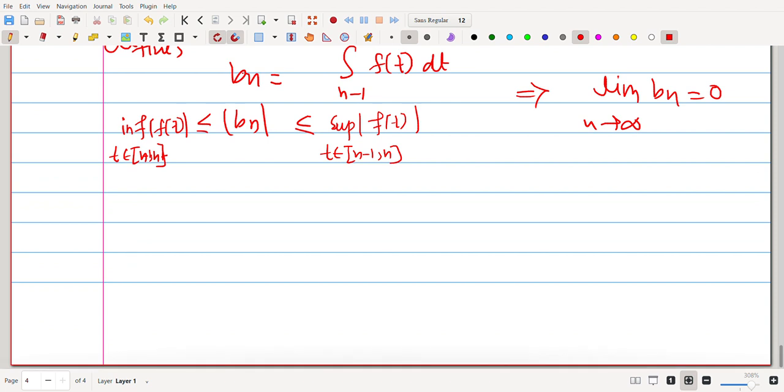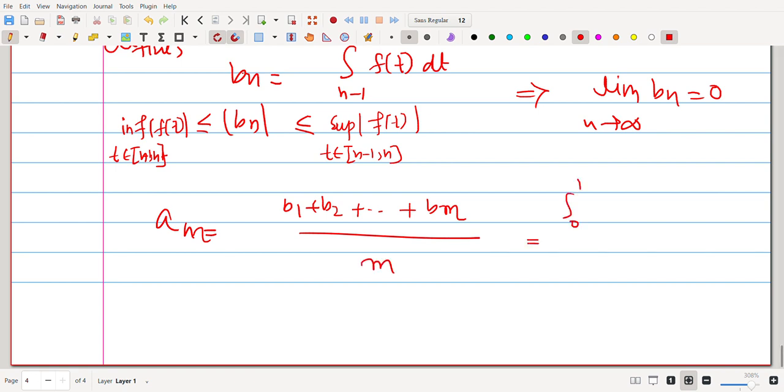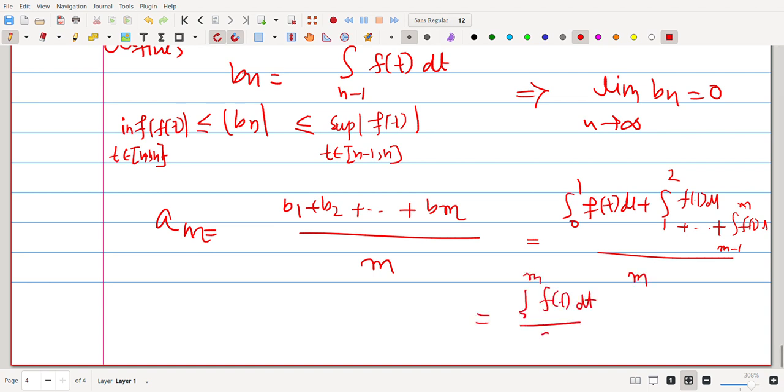Now a_m equals (b1 plus b2 up to b_m) by m. Why? Because b1 is the integral from 0 to 1 of f(t) dt, b2 is from 1 to 2, and b_m is from m minus 1 to m, all by m, which is the same as the integral from 0 to m of f(t) dt by m.